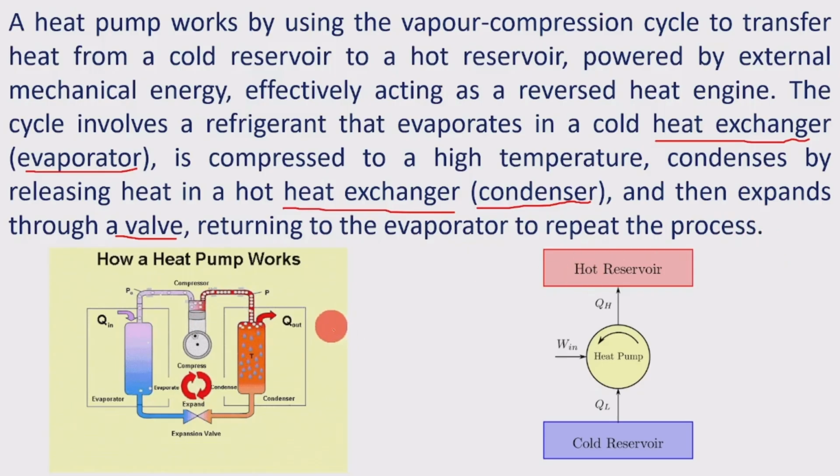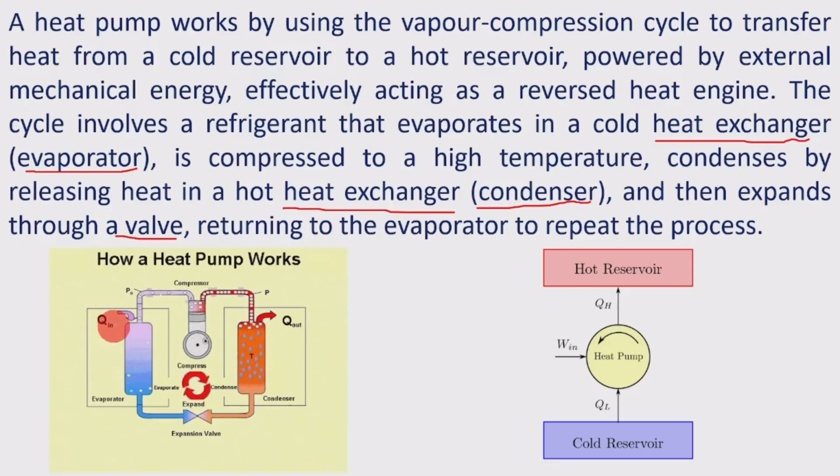Here, by this animation, we can see how the heat pump works. This is the evaporator, that is a heat exchanger actually, and due to the low pressure and low temperature of the refrigerant, it will receive the heat from the outside environment, and it will get evaporated.